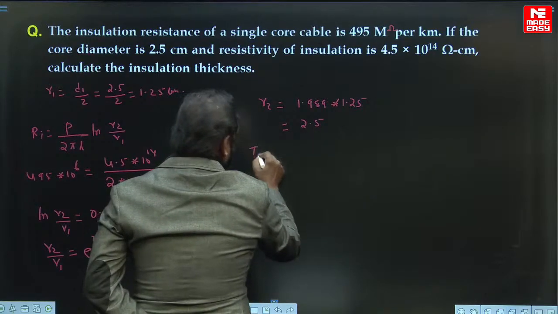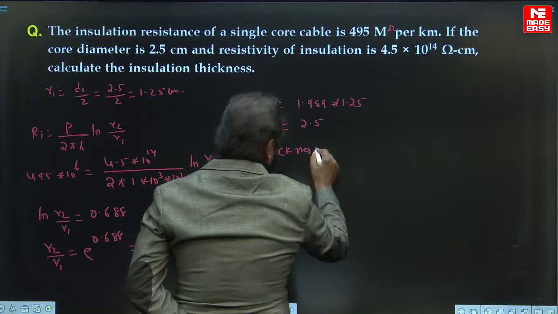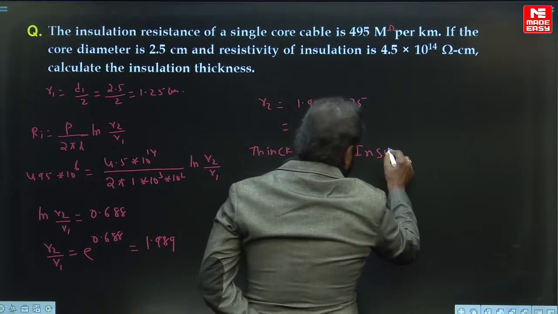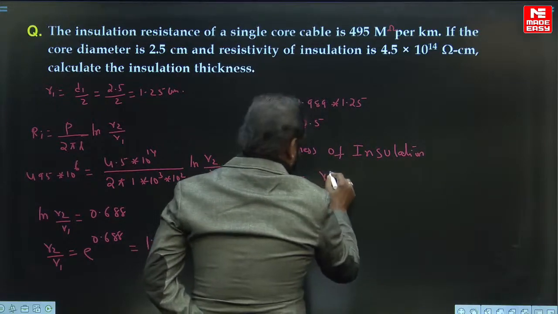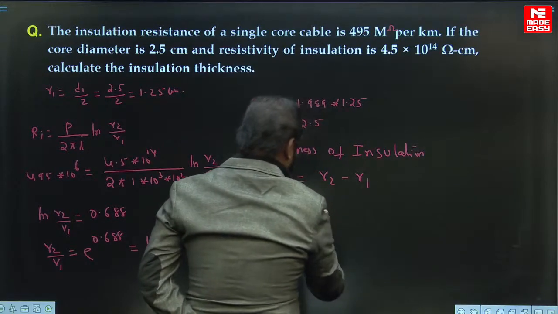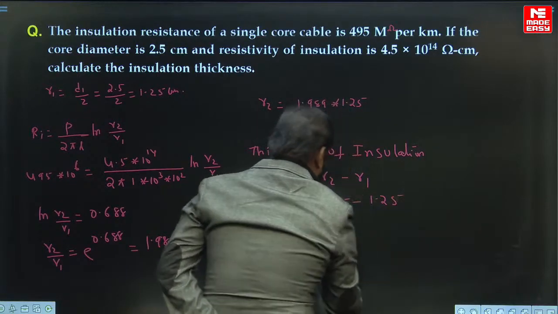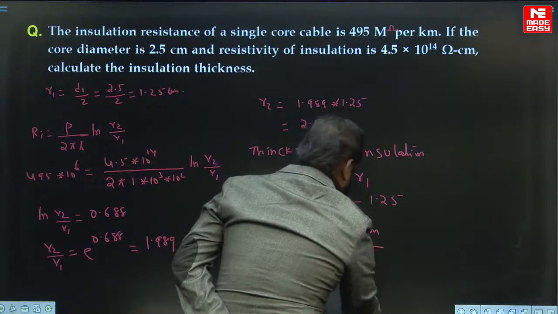Then the thickness of insulation is R2 minus R1, that is 2.5 minus 1.25, which equals 1.25 centimeters.